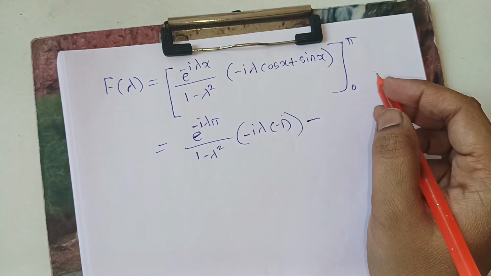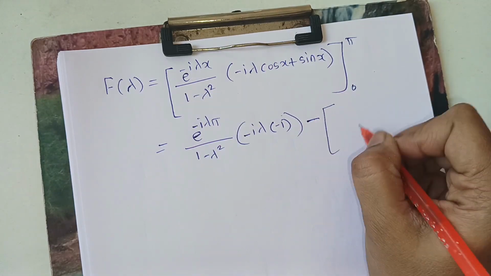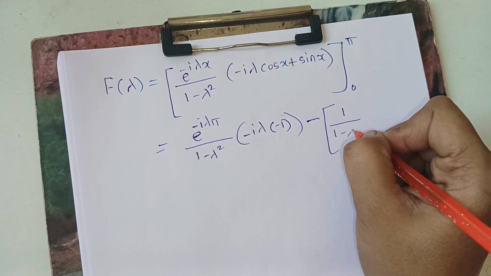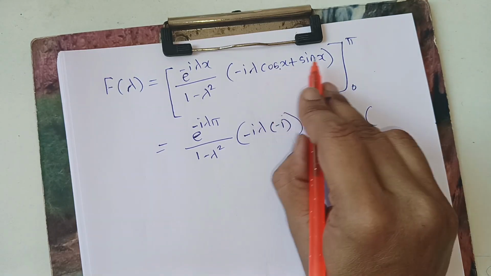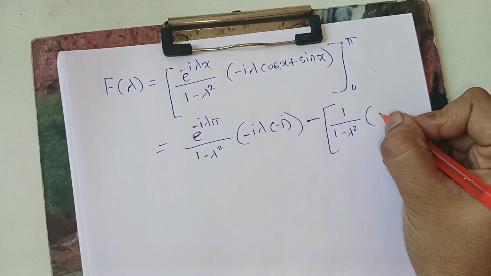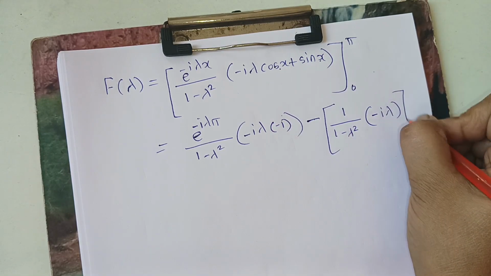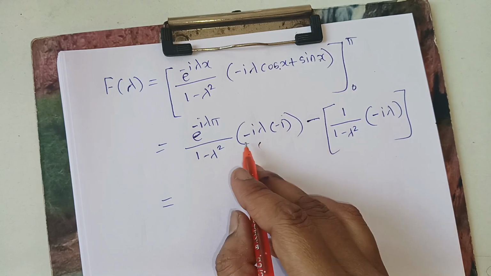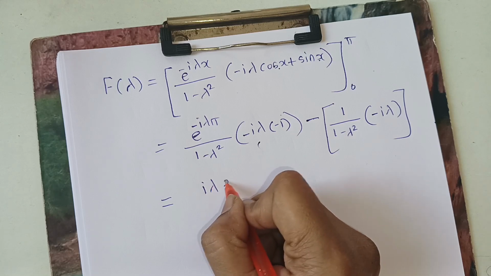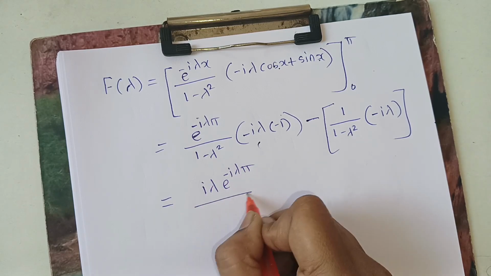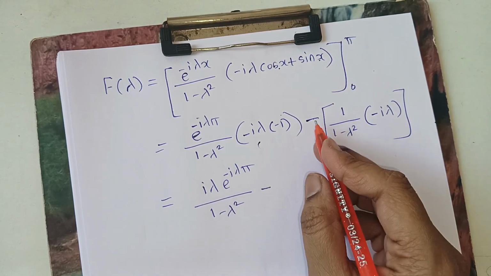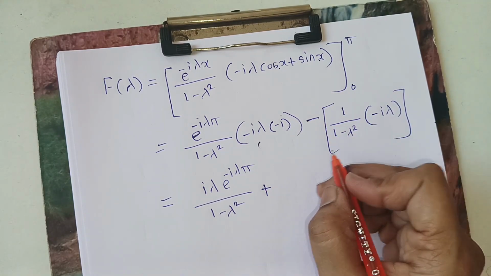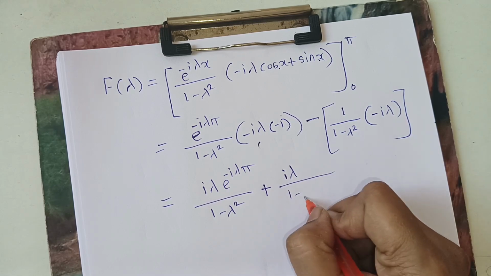Minus, now substitute the lower limit: e raised to minus 0 is e raised to 0, which is 1, so 1 by 1 minus lambda squared into bracket, cos 0 is 1 and sin 0 is again 0, so it is minus i lambda. So minus i lambda into minus 1 is plus i lambda, giving i lambda e raised to minus i lambda pi divided by 1 minus lambda squared, minus, and this minus again makes it plus, so plus i lambda divided by 1 minus lambda squared.